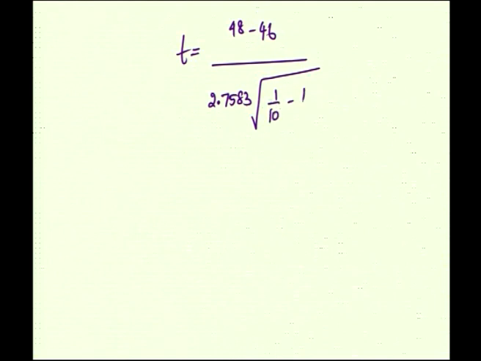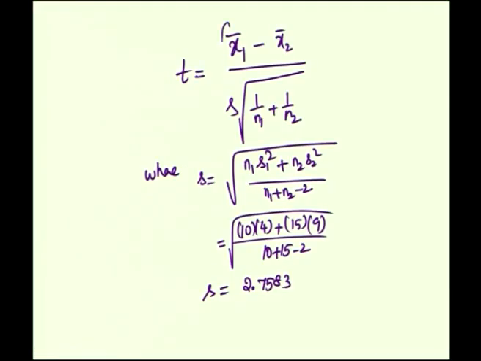So, therefore, t is equal to x1 bar is 48 minus 46 by 2.7583 into root of 1 by 10 plus 1 by 15. Now, this is actually the t value, but we are calculating the 95% confidence limits, right. Therefore, here the t formula will have a slight change, as minus mu1 minus mu2.